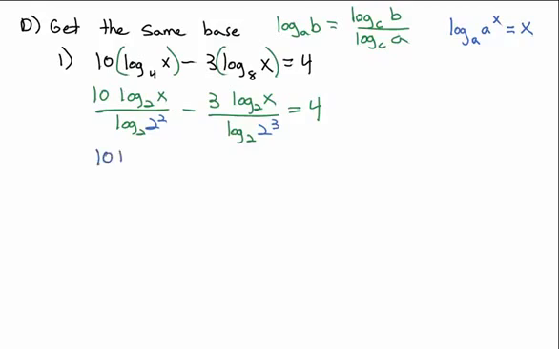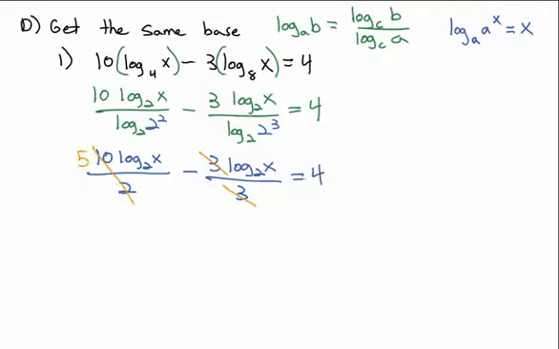So now we have 10 log base 2 of x divided by 2, since the bases are the same and the answer is the exponent, minus 3 log base 2 of x divided by 3, equals 4. Well, this just keeps getting nicer because now those 3's divide out, and 10 over 2 reduces to 5. So we really have 5 log base 2 of x minus a log base 2 of x equals 4.